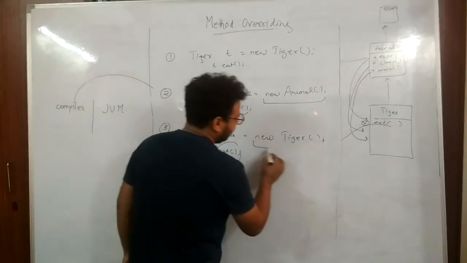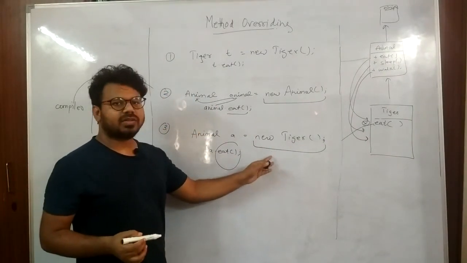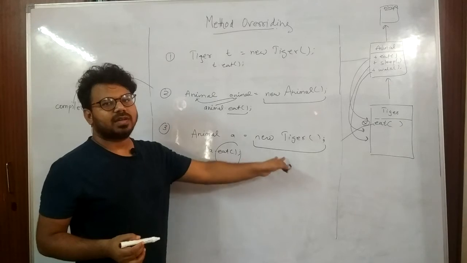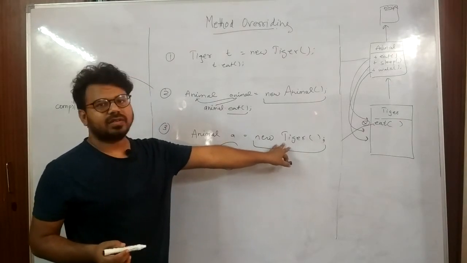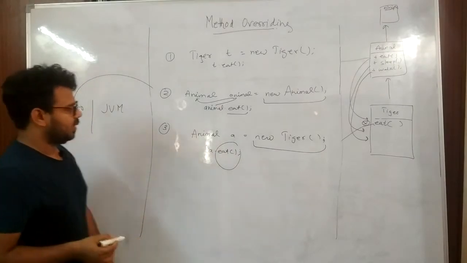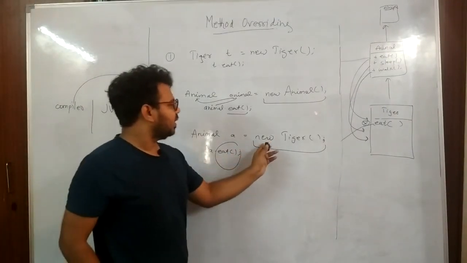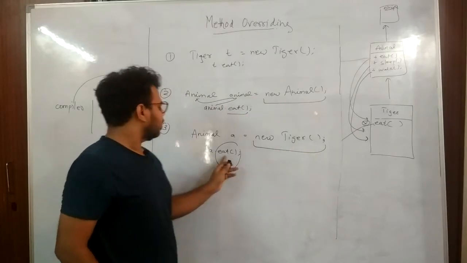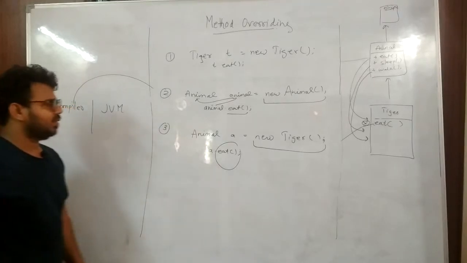Here the same thing: method resolution will be done based on the runtime object. Here the runtime object is Tiger, so the eat method from Tiger will be called.